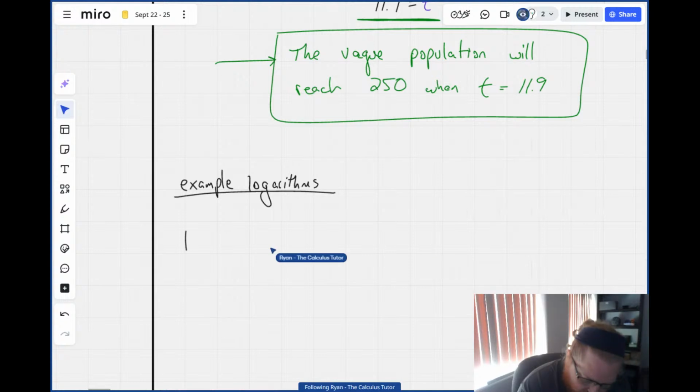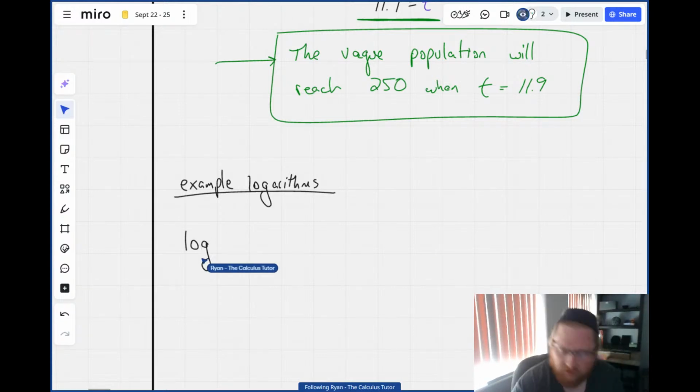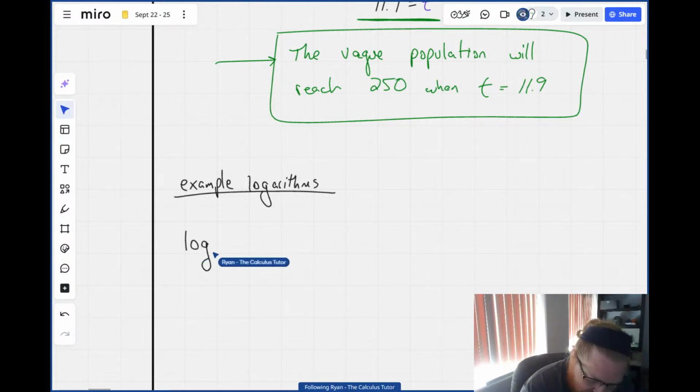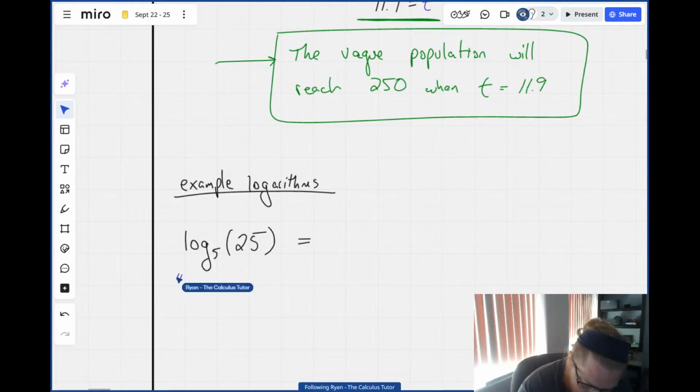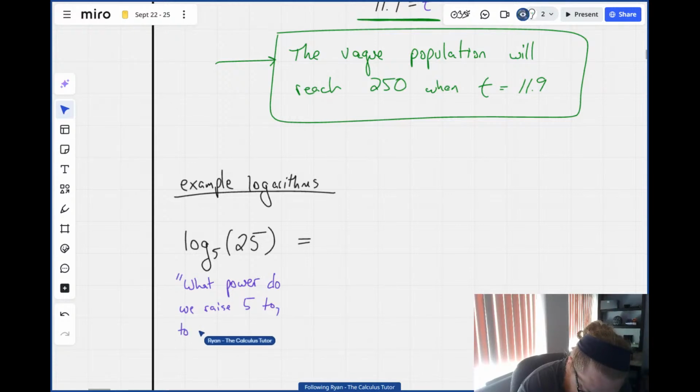So let's do the log. So follow along. Cool. The log base 5 of 25. So remember, a log is asking the question, what power do we raise 5 to get 25?